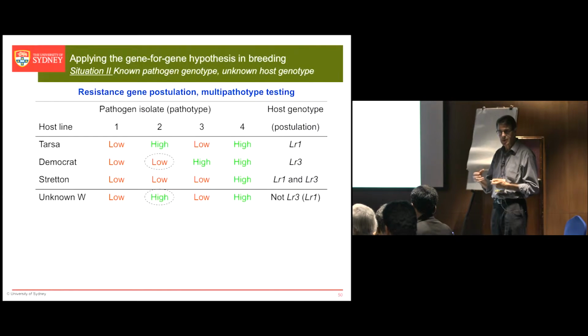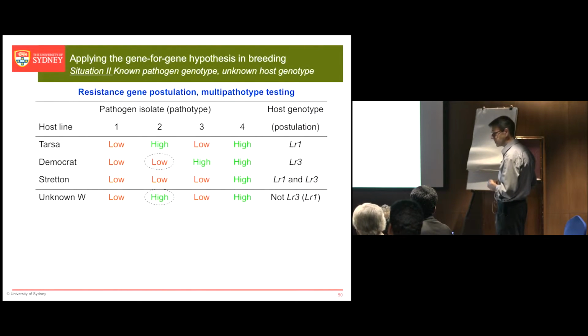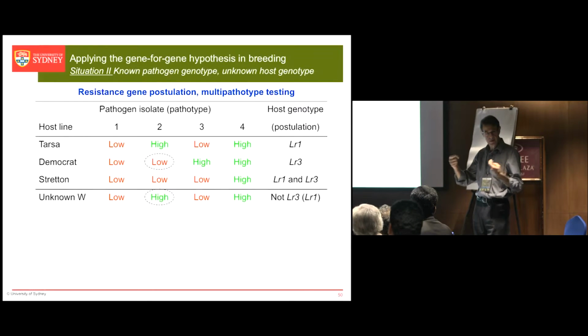That's what the gene-for-gene hypothesis tells us. And yet, it is virulent on this particular genotype. All right, so what we can say with 100% certainty is that this genotype cannot carry LR3. If it did, we'd have the lock and the key, and we would see incompatibility. But we're not seeing incompatibility, we're seeing compatibility.